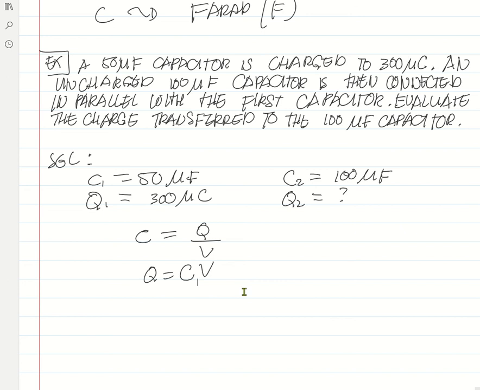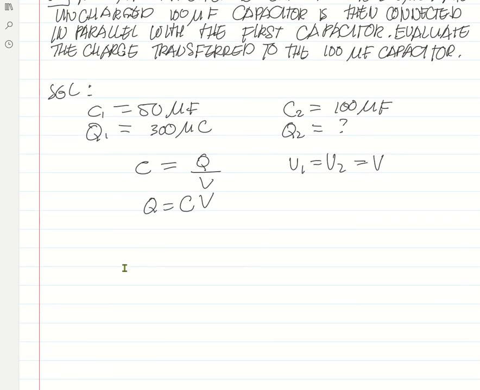Now, the two capacitors are connected in parallel, across each other. So the voltage across them both is equal. V1 is the same as V2 because they're connected in parallel, and let's just call it V. So for the first charge, Q1 will be equal to the first capacitance times the voltage. Then Q2 will be the second capacitance times the same voltage.